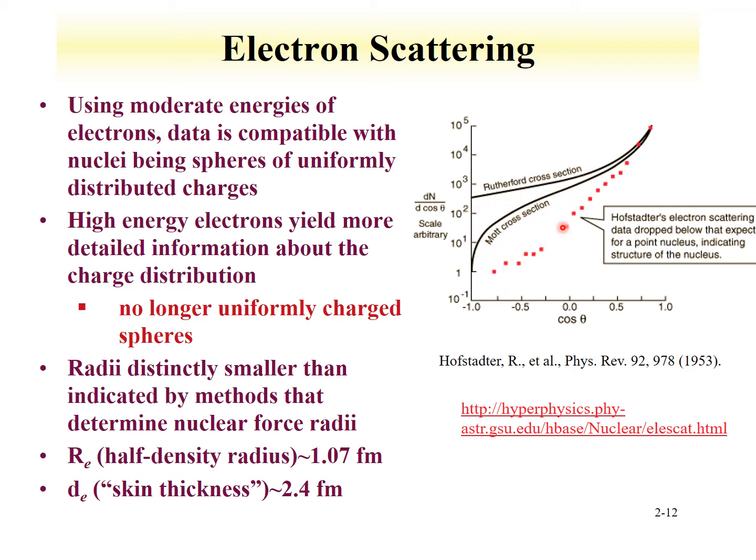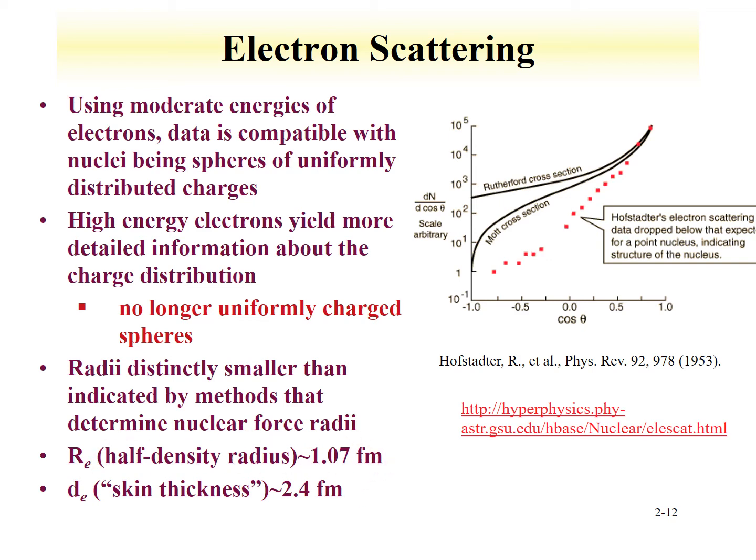Now to explain this data, you start to bring in information related to nuclear structure that shows variations. One of the things that can be seen with electrons is that the radii are distinctly smaller than with other methods. There seems to be a half density and a skin thickness associated with nuclei.